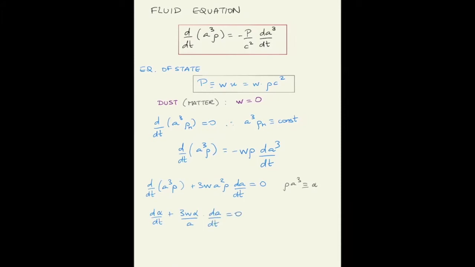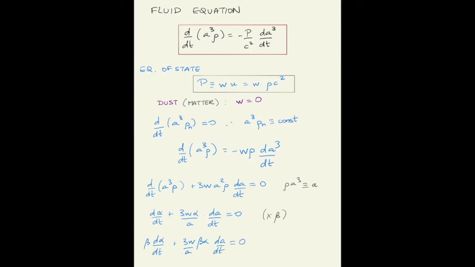So if you have dα/dt in one term and α in the other one, this looks like a product rule, a product derivative. So let's use the product rule here to simplify this equation. Let's use a multiplicative factor. Multiply this equation by β, a multiplicative factor. This becomes β times dα/dt plus 3wβα over a times da/dt is equal to 0.